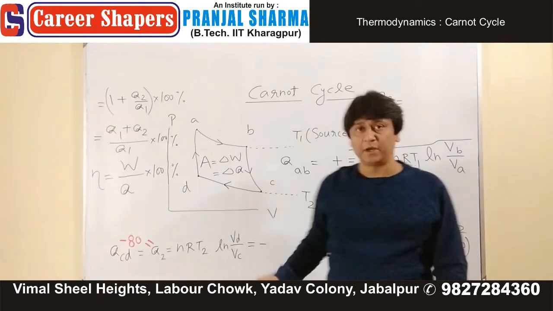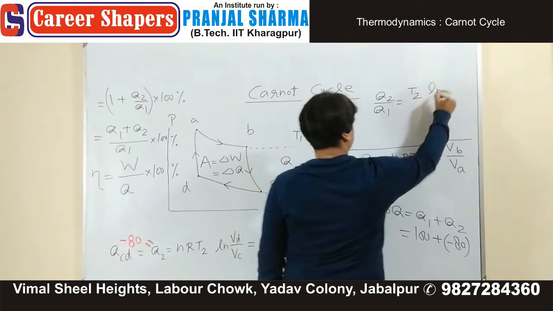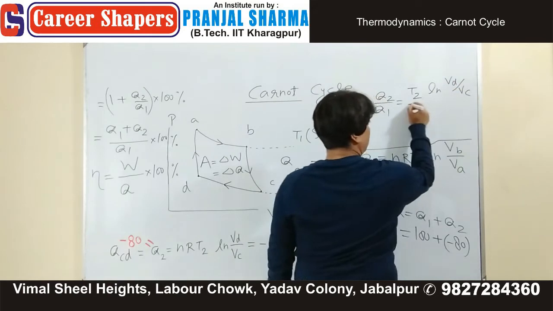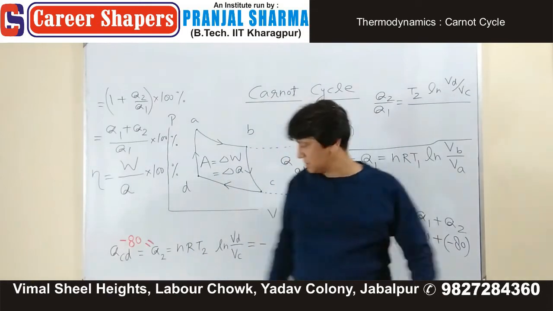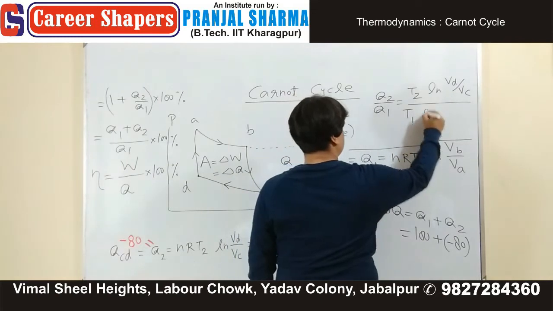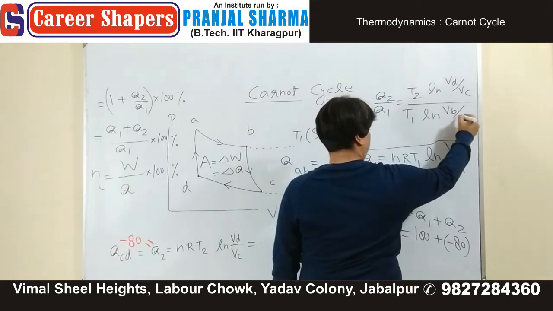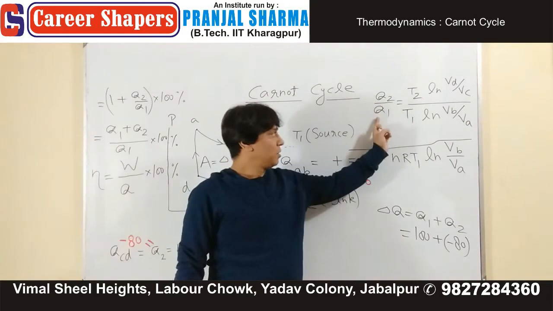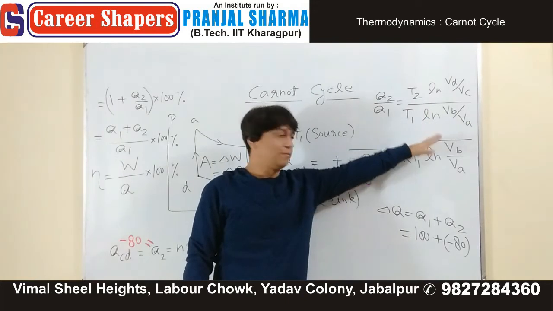So this is coming T2 log of Vd divided by Vc, whole divided by Q1, nR cancelled, T1 log of Vb upon Va. Q2 upon Q1 is T2 upon T1, log Vd upon Vc over log Vb upon Va.